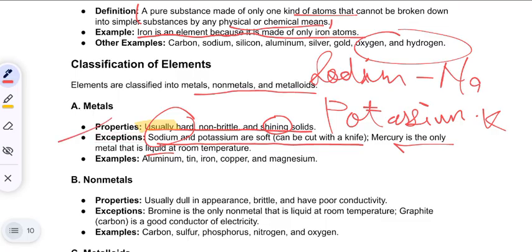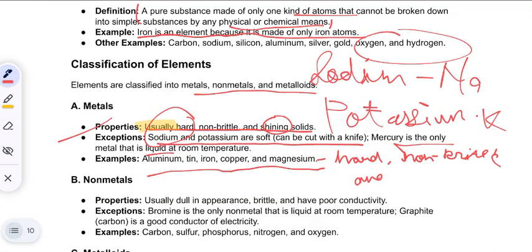Examples of metals: aluminium, tin, copper, iron, magnesium. In aluminium, tin, iron, copper, you can see the properties of being usually hard, non-brittle, and shining.